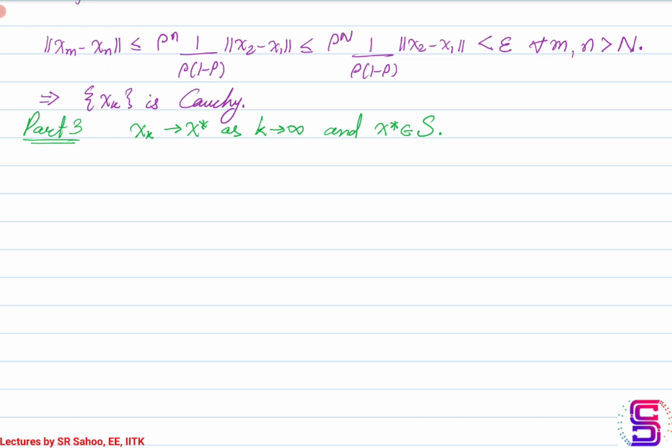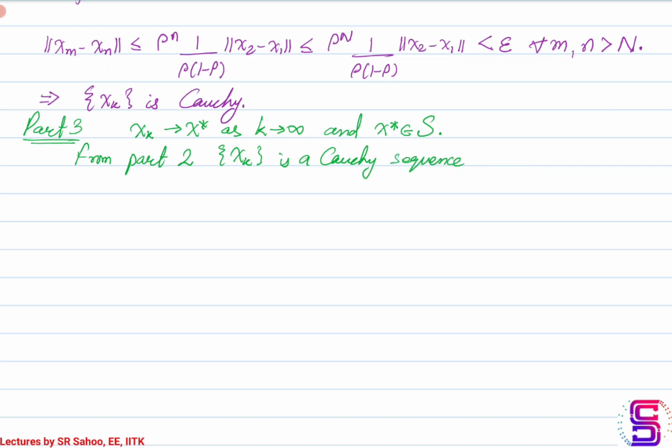Okay. Now what we have is, from part 2, xk is a Cauchy sequence.